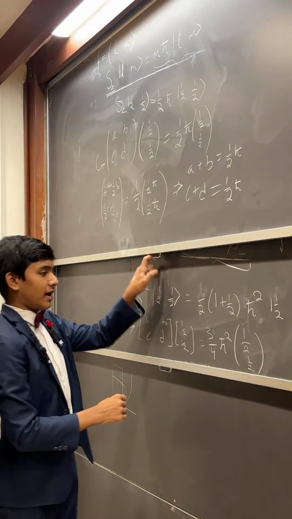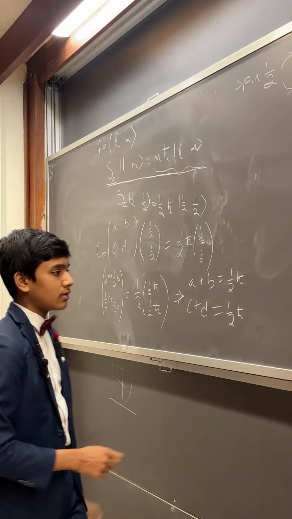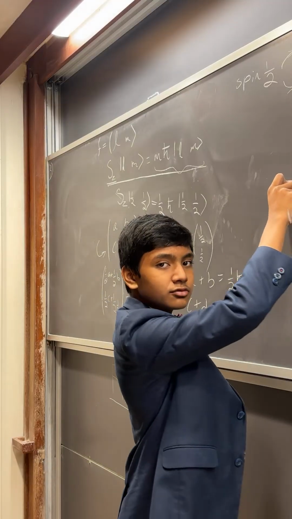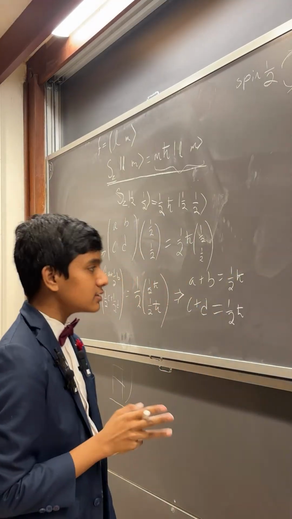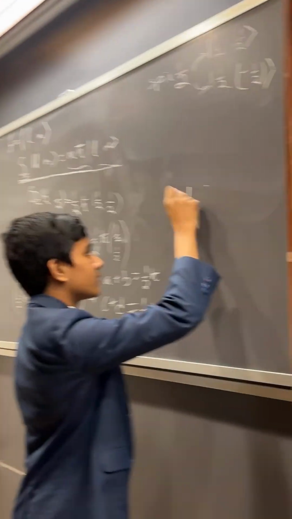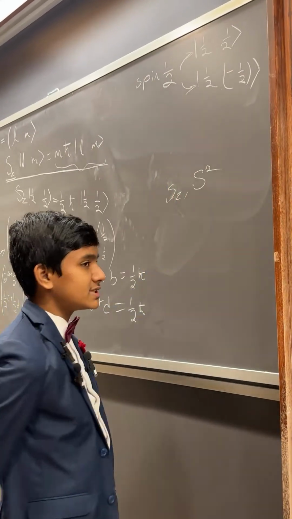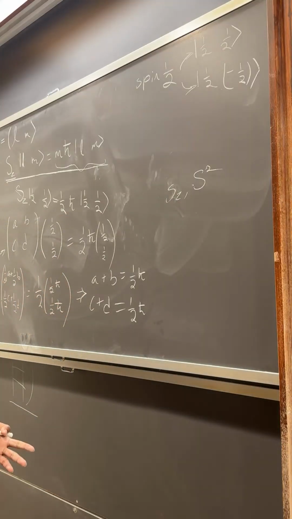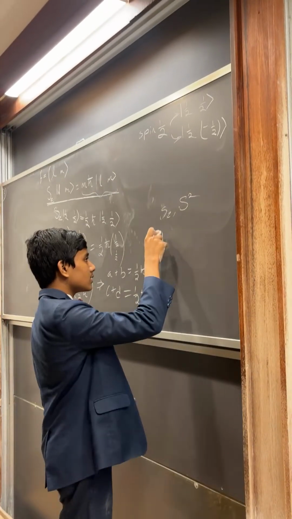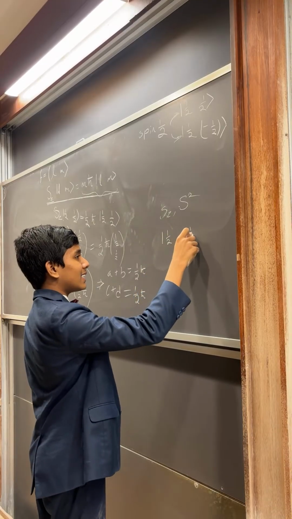One more thing that you have to note. Spin up is going to give us nice tidy values of the Sz and S squared matrices that have totally real elements, but spin down means we're not going to be as lucky.